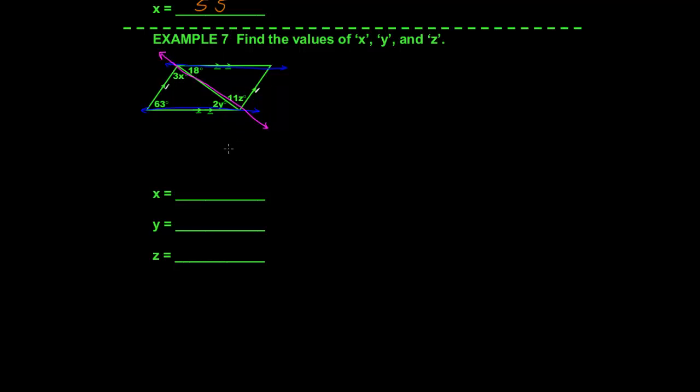Now we can look and see what we have. All of this area here would be our interior. These would be same side interior, but you cannot put a 3x and a 2y equal to 180. That's not going to help us solve, but what do we know about an 18?